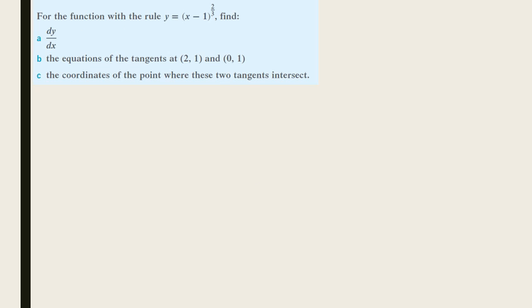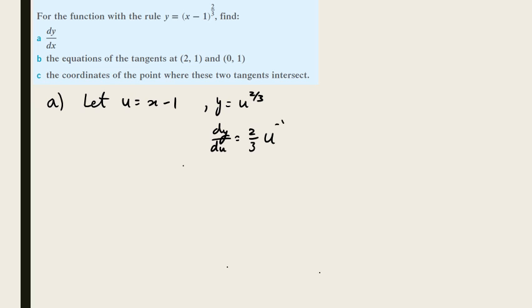So for the function with the rule y equals (x minus 1) to the power 2 over 3, find dy/dx. So simply use the chain rule. So let u equal to x minus 1, then y would be equal to u to the power 2 on 3. dy/du is 2/3 times u to the power of negative 1/3, and then du/dx is 1.